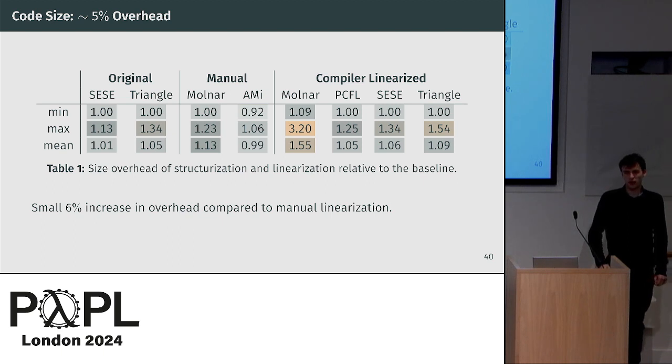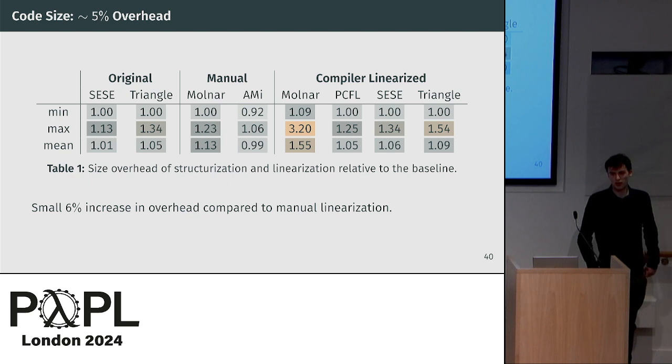This is significantly lower than the methods that make use of conditional execution, where we find an overhead of around 55%. However, the manual linearization with AMI does slightly better and can achieve linearization with no overhead in most cases.